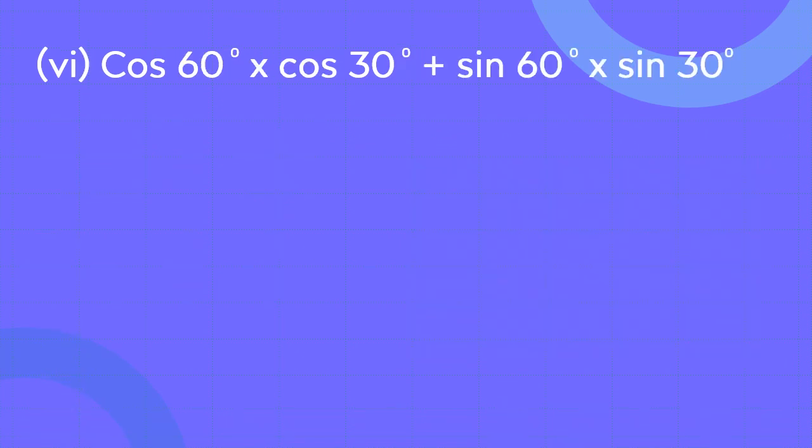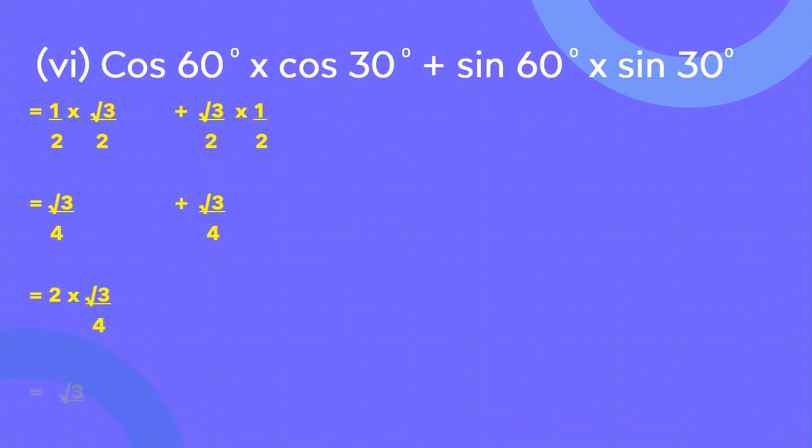Now let us move to the sixth one: cos 60 into cos 30 plus sin 60 into sin 30. Let us first have a look at the values. I need to know the table for this.